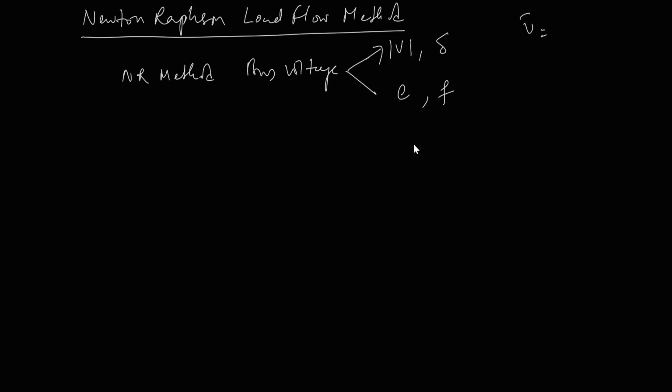That is, the phasor is V magnitude at an angle delta, or it can be like this, right?